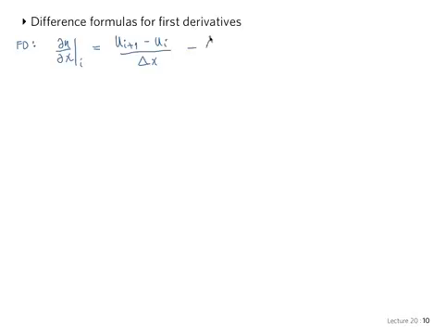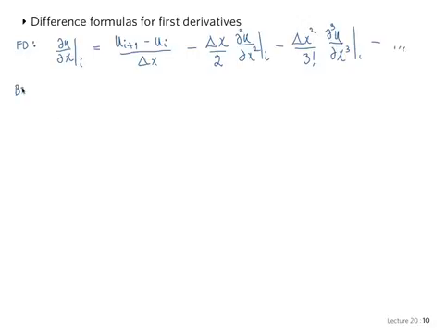And the other term is delta x over 2 factorial, second derivative, from the Taylor expansions and solving for the derivative, minus delta x squared divided by 3 factorial, third order derivative, and other higher order terms.